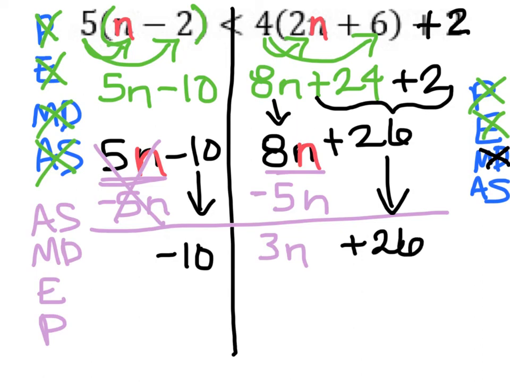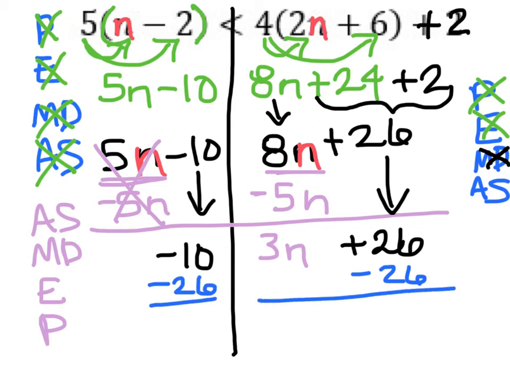Okay, we've got some add and subtract because we have a plus 26 on the right-hand side. So to undo that, we'll have to subtract 26. We have to stay balanced, so it has to be subtracted from both sides. And we will cancel that out here, and it'll be negative 36, and we'll bring down our 3n.